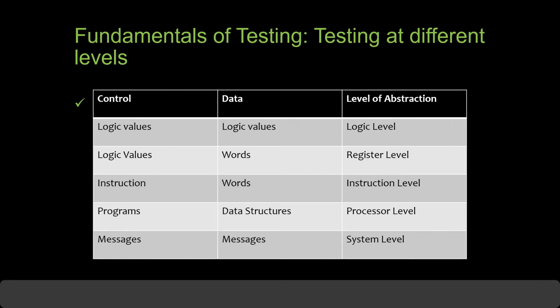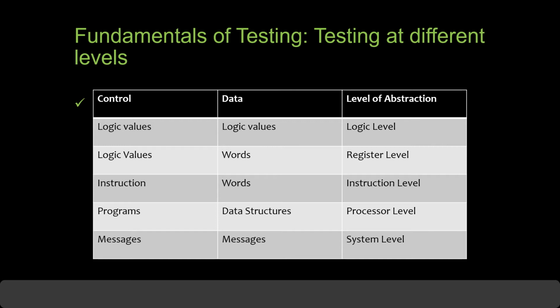This figure depicts the different levels of abstraction of testing. Testing can be at the logic level, where the control and the data include logic values. Testing can be at the register level, where the control and the data differ from the logic level, because logic values will be in the control and data will be in the form of words.